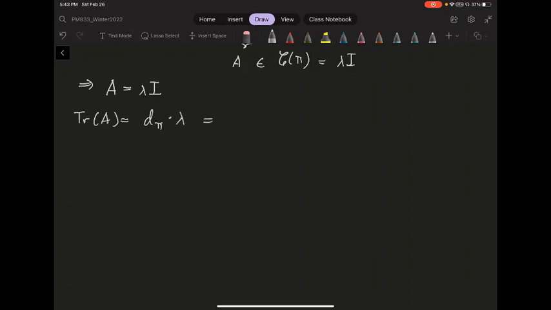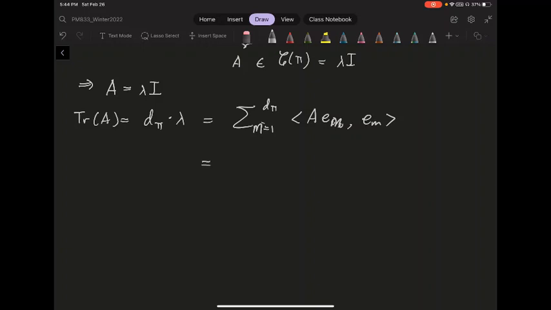But on the other hand, this is essentially the summation of, let's say i going from 1 to d_π, you take your matrix A and then take the inner product with, let's maybe use another letter, let's use m. So you do the inner product with the m-th orthonormal basis vector and then inner product with itself. This gives you the m-th entry on the diagonal, and then you sum it up.